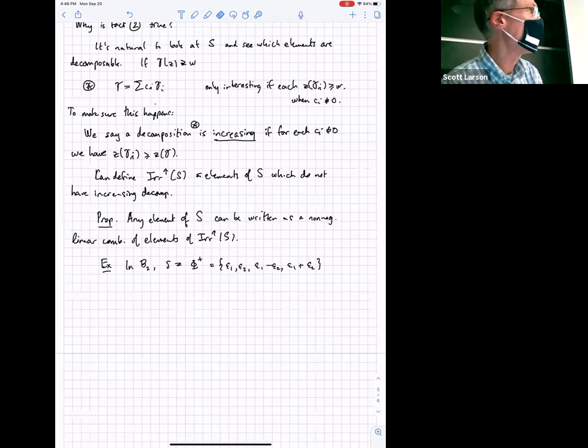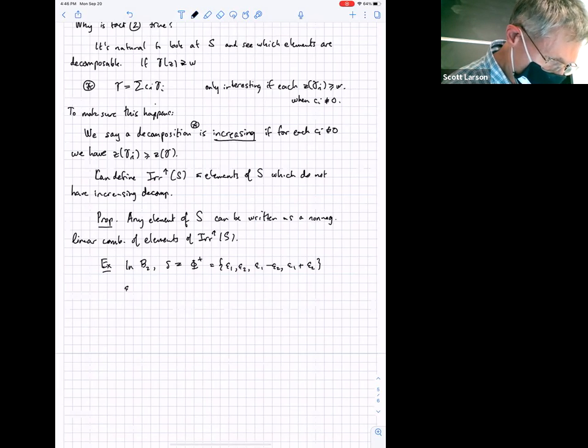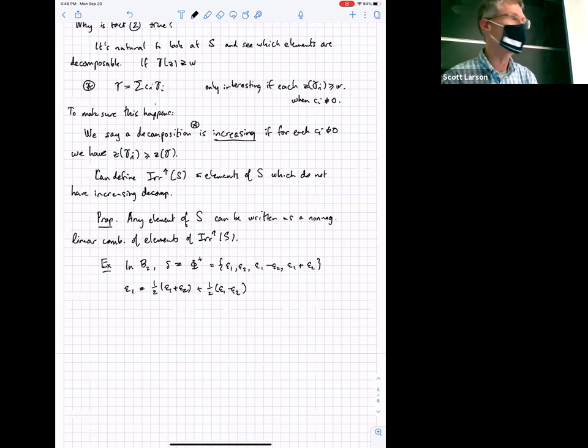Say you want to write an element in terms of indecomposables. Well, your natural thing is just to start decomposing. But suppose we were stupid and we made a choice like writing epsilon 1 as 1/2 (epsilon 1 plus epsilon 2) plus 1/2 (epsilon 1 minus epsilon 2). That's allowed because we're using rational coefficients.